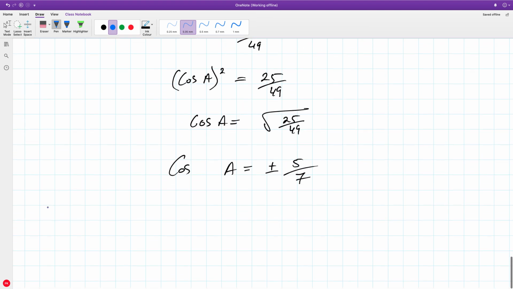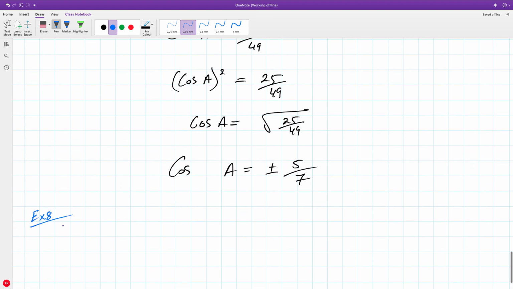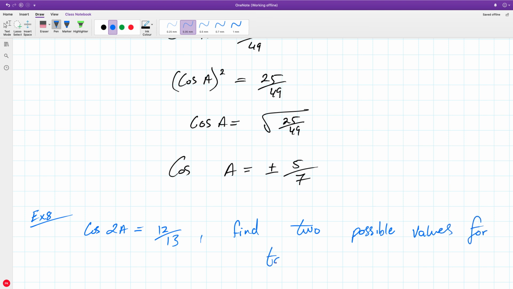Example number 8. The cos of 2A is equal to 12 over 13. Find two possible values for the tan of A. So we'll all go the same way in this now, just to make sure I don't end up trying to correct two different ways.